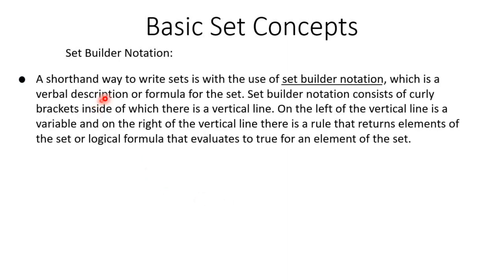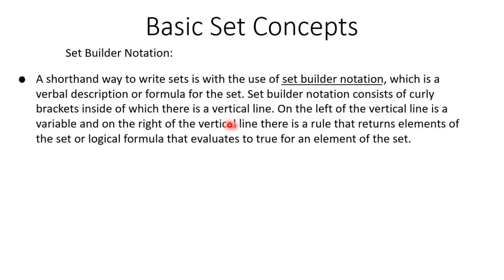Set builder notation is a shorthand way to write sets, and it uses a verbal description or a formula for the set. Set builder notation consists of the curly brackets, so regardless of how you're representing the set, you need the curly brackets, inside of which there is a vertical line.